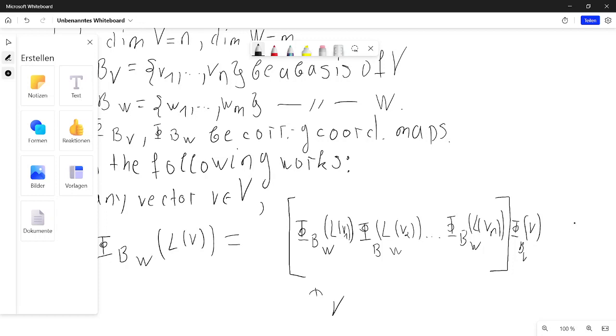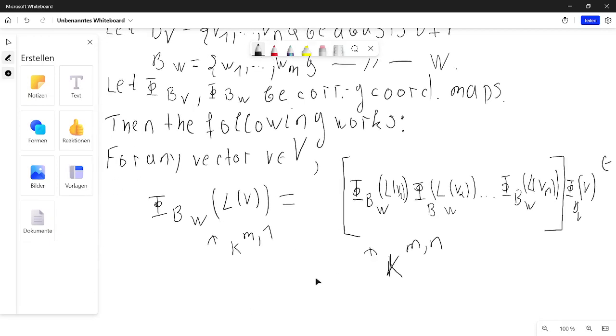Recall that V and W are k vector spaces, so the matrix is in k^(m×n), which fits with the coordinate vector in k^(n×1). We can multiply it, and with that the result is indeed in k^(m×1). That's just great.